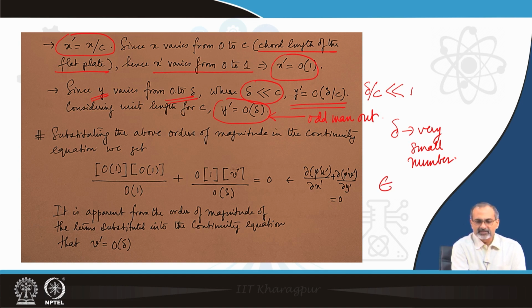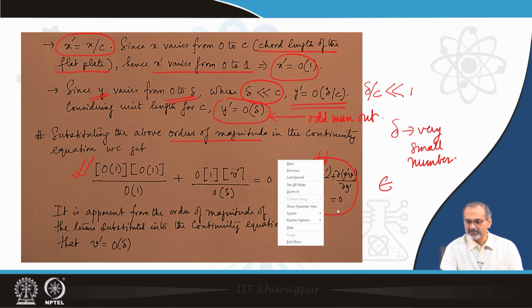Substitute these above orders of magnitude that you have already obtained into the different terms of the continuity equation. So, here is your continuity equation and you go term by term, but instead of looking at it in the form of partial derivatives, try to look at it as a product of orders of delta rho dash and u dash divided by order of x dash.